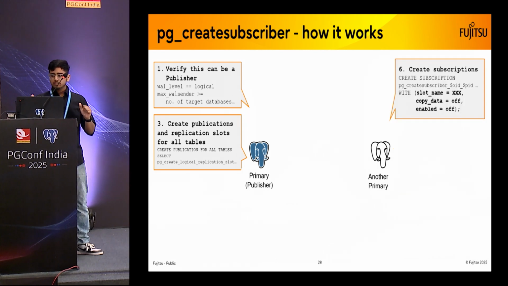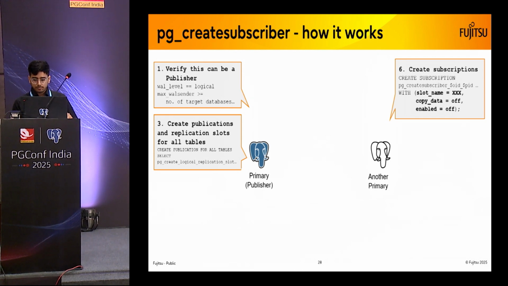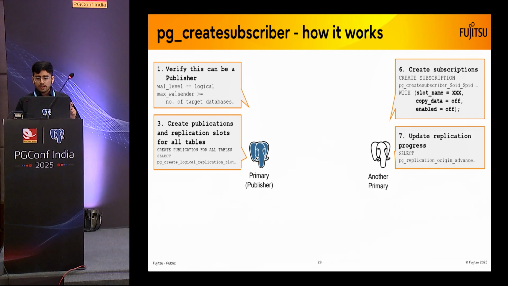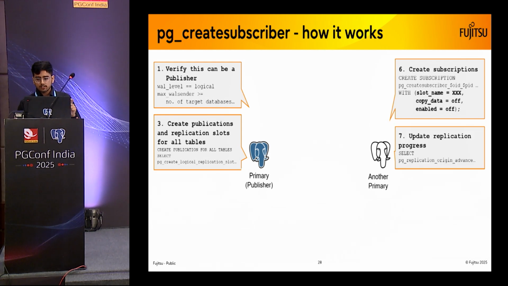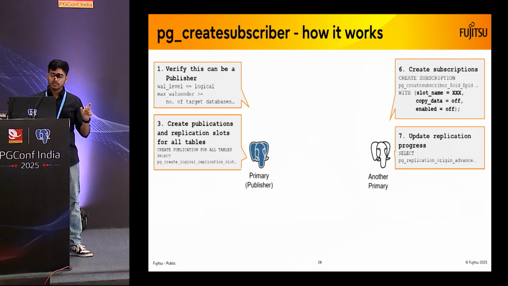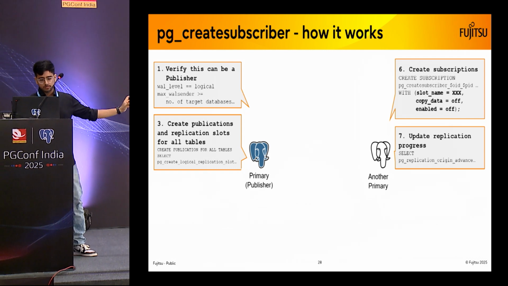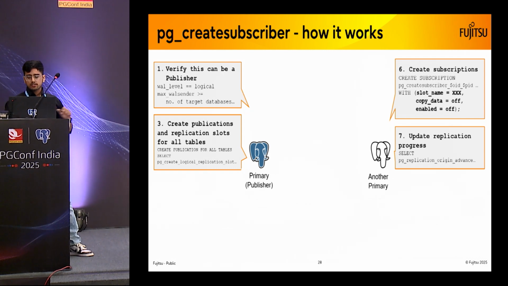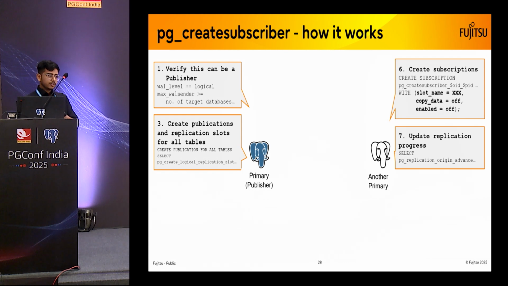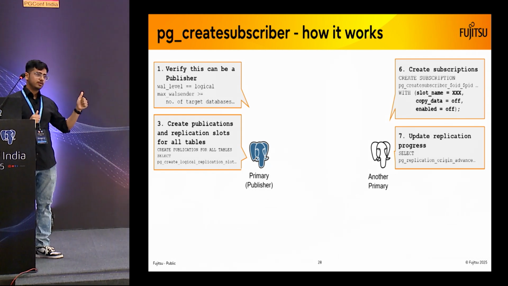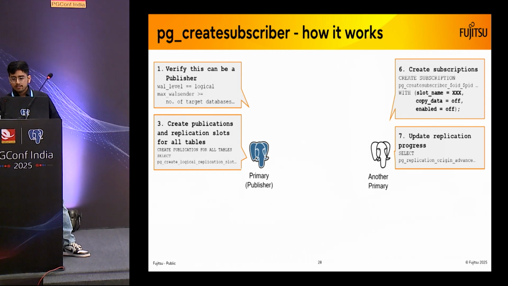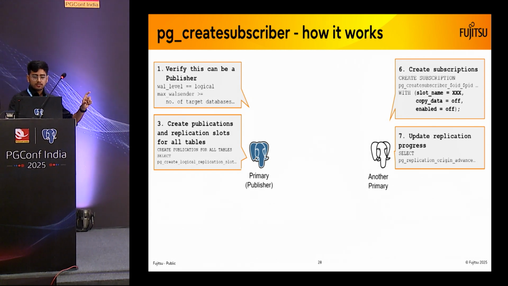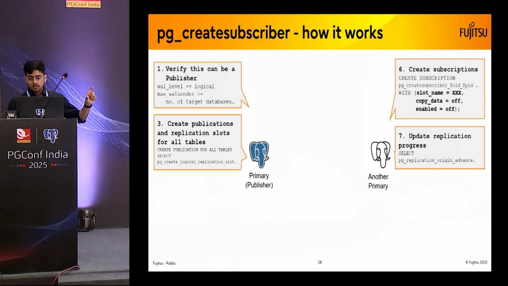After this, we just create the subscription on the standby node, and while creating it, we make sure we use the slots which we created in step 3, and we set copy data equals to off because the initial data is already copied during the streaming replication, and we do not enable the subscription while creating it.